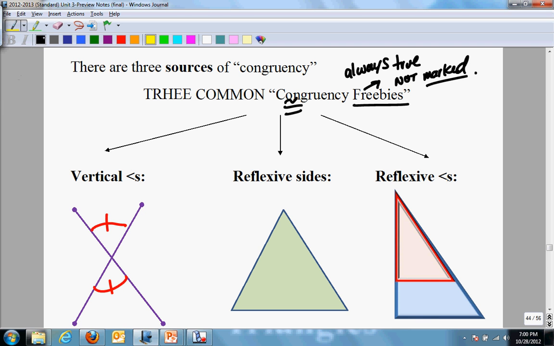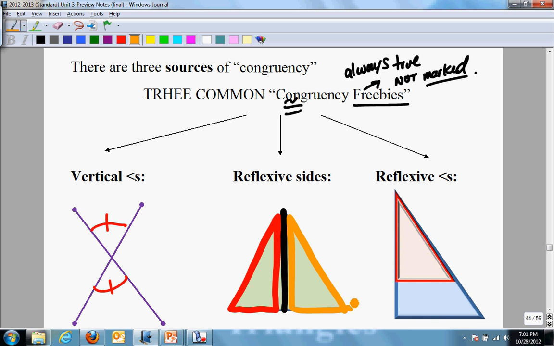Another source of congruency is if you have two triangles which share a common side. So taking a look here, trace this with me, a triangle on the left and a triangle on the right. You see that they share a common side.